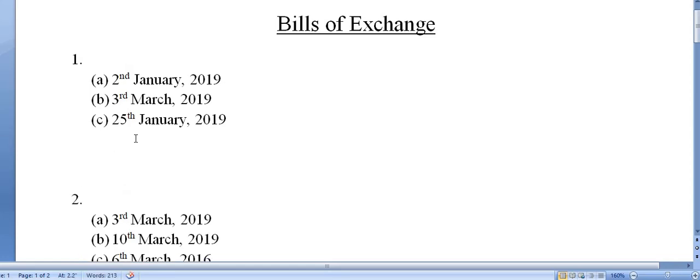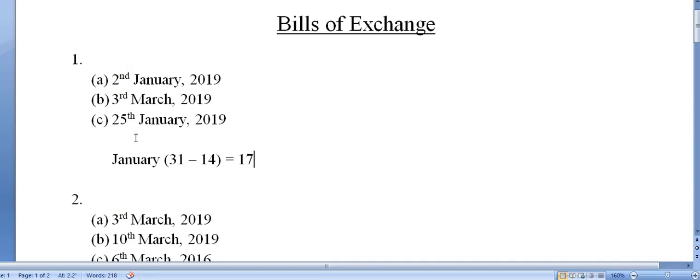Bill dated 14th January. You are drawing the bill on 14th of January. January has 31 days, so 31 minus 14 is the date on which the bill has been drawn. From next day onwards, you will start counting. How many days will it be? 17, right?